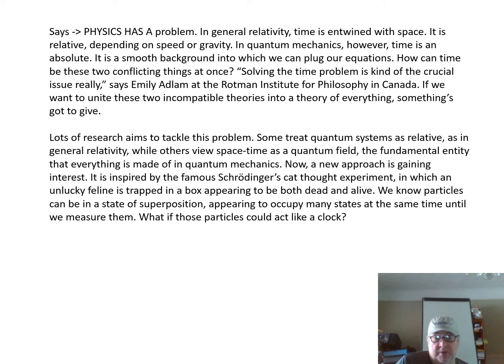It is inspired by the famous Schrodinger's cat thought experiment, in which an unlucky feline is trapped in a box, appearing to be both dead and alive. We know particles can be in a state of superposition, appearing to occupy many states at the same time until we measure them. What if those particles could act like a clock?